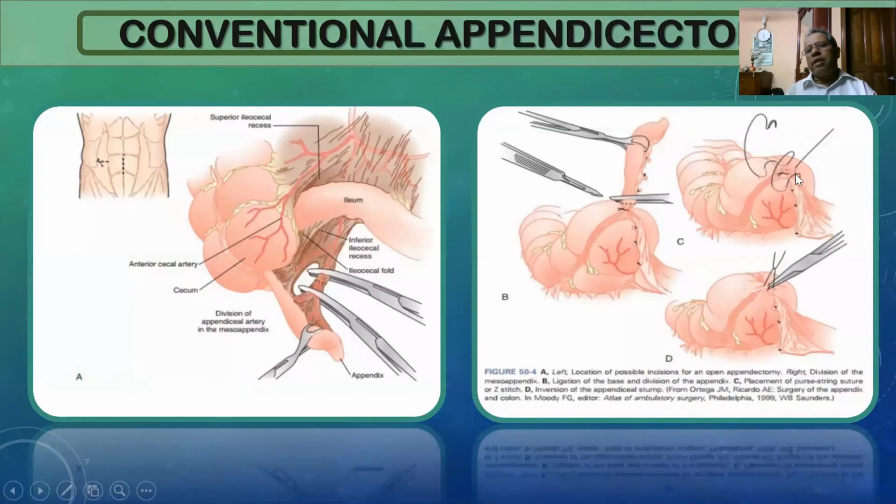So the appendix stump is occluded by the jet stitches. Or sometimes they can continuously surround the base of the appendix, continuously take the tie and make the tie. It is called the bursting suture. These two are for reserve, only when the appendix base becomes unhealthy.